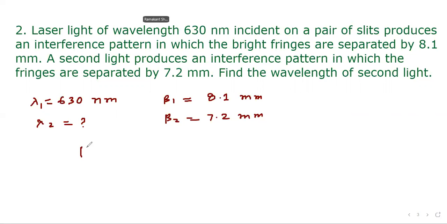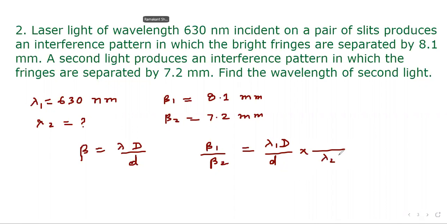So we know that beta is given by lambda D upon small d. Here, slit separation and screen distance will be constant in the two cases, and values of beta 1, beta 2 are given. So if we find the ratio of beta 1 to beta 2, here it will be lambda 1 D, where D is fixed, divided by small d, which is also fixed, divided by beta 2, which will be equal to lambda 2 D divided by small d.